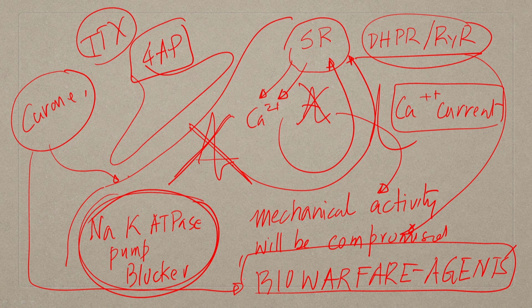In order to carry a gun, you need to have a permit, you need to have a license. Without that, you cannot carry a gun, right? Similarly, if you want to have curare or TTX or any of these compounds, you need to have permission from the concerned authorities, otherwise you cannot carry these kinds of compounds, and this list is huge.